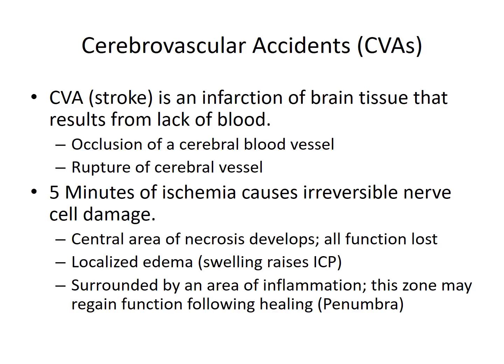And then eventually that infarcted region can be surrounded by areas of inflammation. Some of that inflammatory zone surrounding the infarct can regain function, and the term that they use for that surrounding region of the ischemic infarct is referred to as the penumbra. Okay?